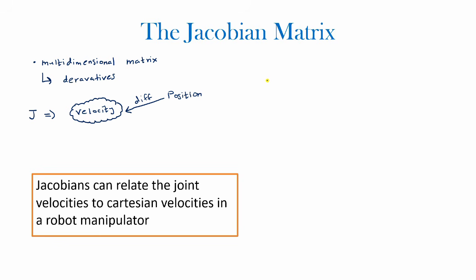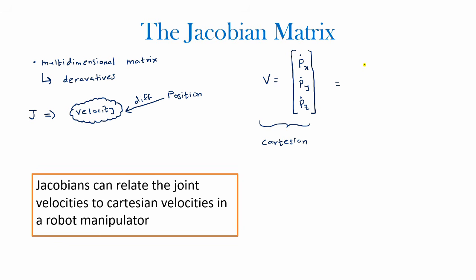A joint or a link, usually a joint for a robot, can have a velocity, and this velocity can be expressed in terms of the position vector for the three coordinates x, y, z, the derivative of those position vectors, and this would be the velocity in the Cartesian space.